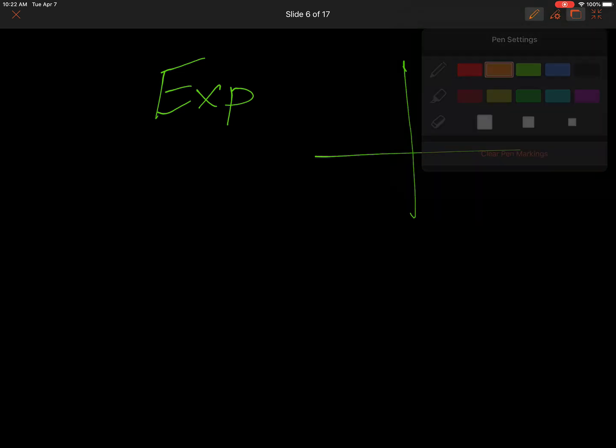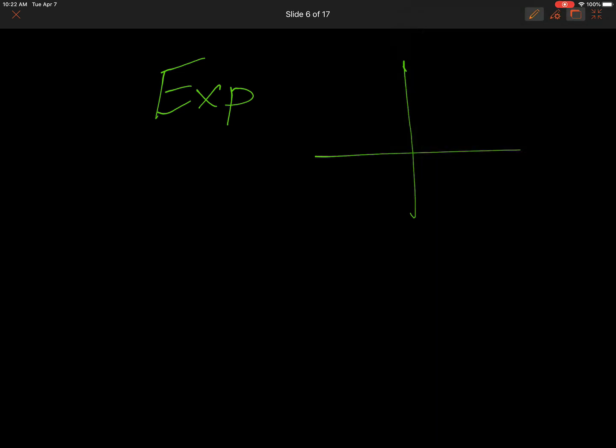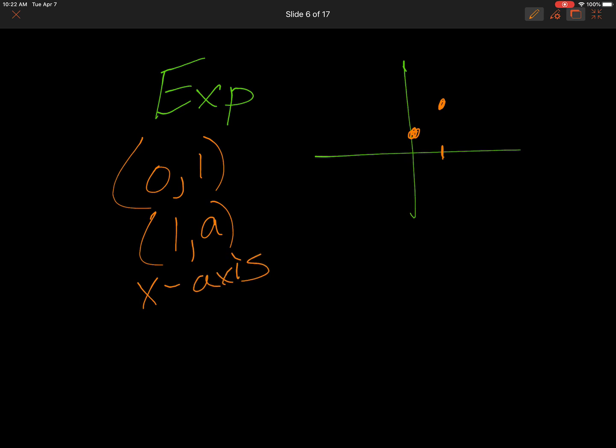If I graph an exponential, it always goes through the point 0, 1, and it goes through the point 1 and whatever a is, which is our base. And remember, it always hugged the x-axis.